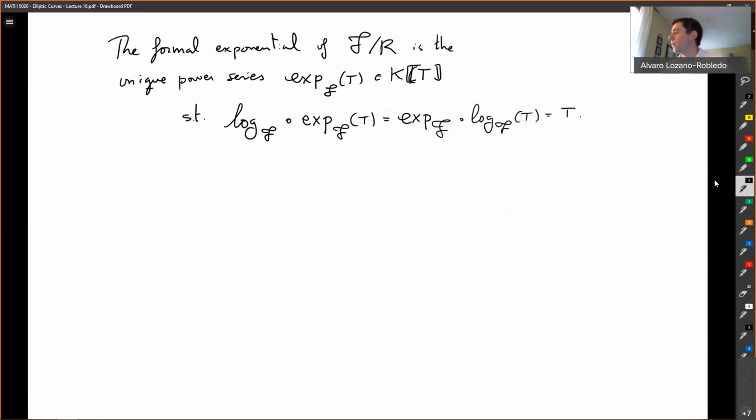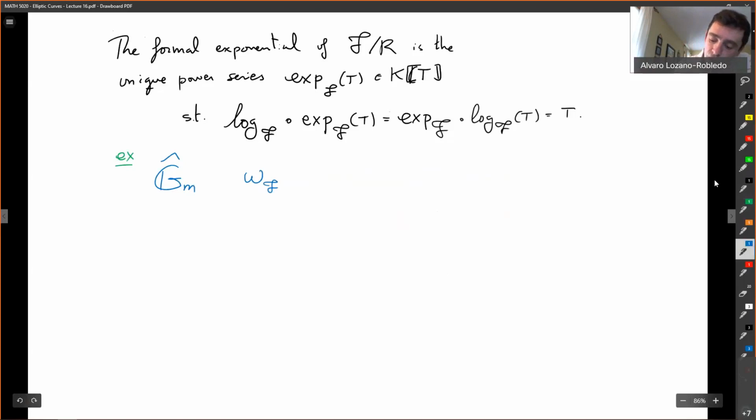Okay, and why are these things called formal logarithm and exponential? Well, those names come from the fact that if you look at the multiplicative formal group G_m, the invariant differential is 1 over 1 plus t dt.